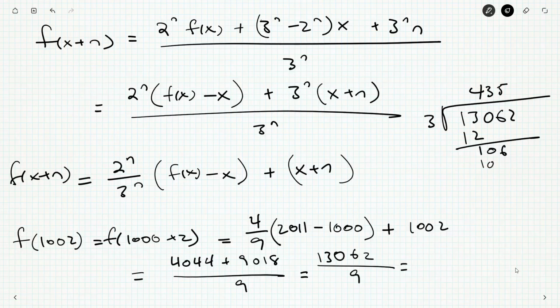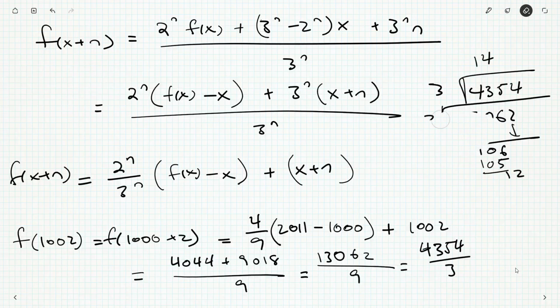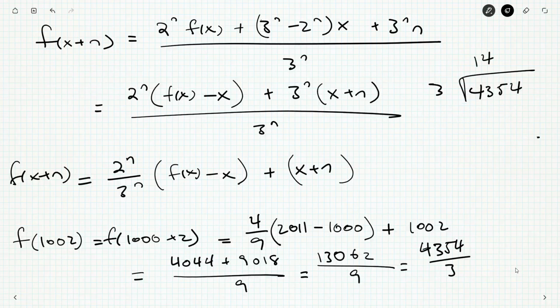And so then that's 105, 1, 2, so it should be 4354 all over 3. And that, I'm pretty sure, is the number that we had earlier, 14. So 14 is 42, down goes the 5. 5 there, and then we're left with a 4. 3 goes into 4 once with 1/3 as the remainder. Hey, the formula worked. Okay.